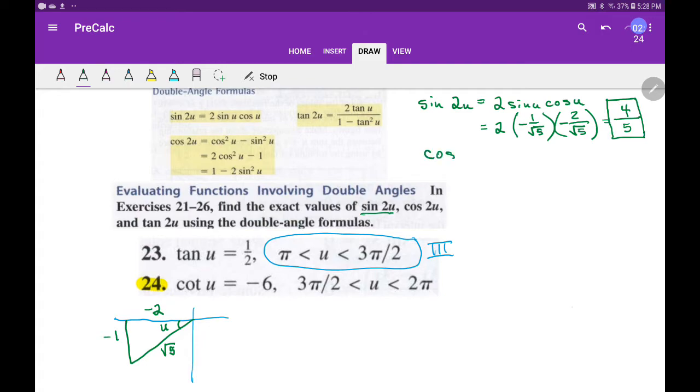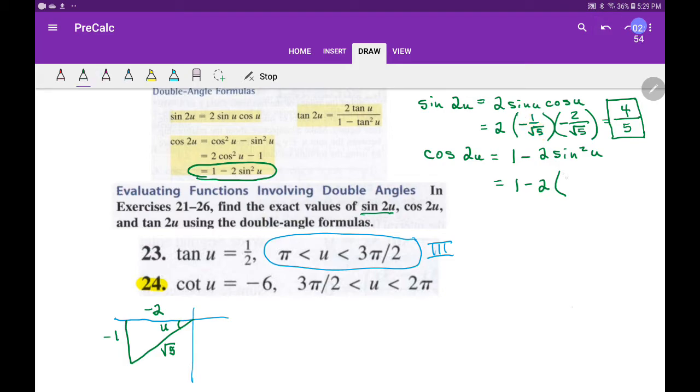The cosine of 2u is equal to, I guess it'd be easier if I used one of these other formulas. I could just use that one right there: 1 minus 2 times the sine squared u. Alright, so that's 1 minus 2 times, what is the sine of u? Well, up above I said that the sine of u was that, so it still is.